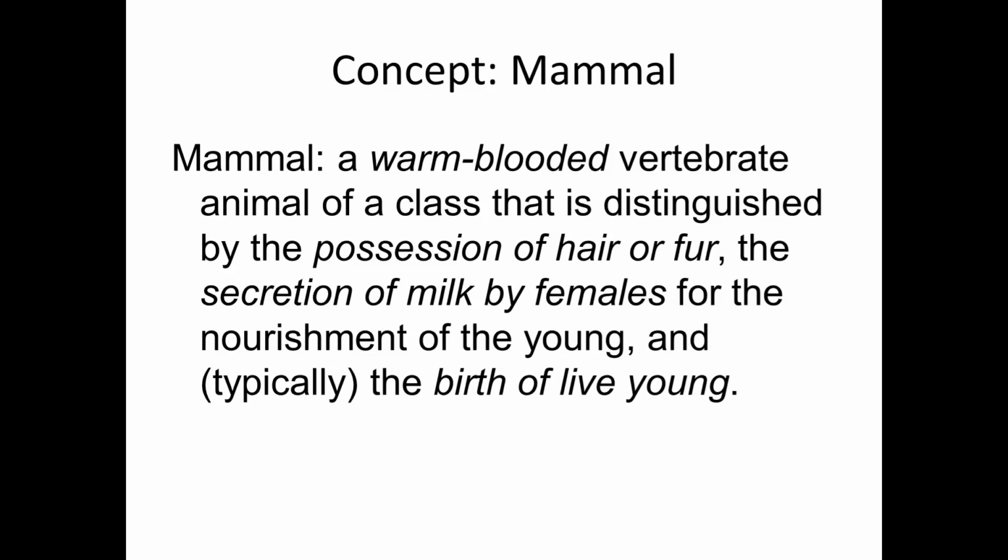You see in certain types of font here, I did do italics for certain things I wanted to make you aware of: possession of hair or fur, secretion of milk, and birth of live young. As we are looking at that definition, we are forming a concept of what a mammal is.